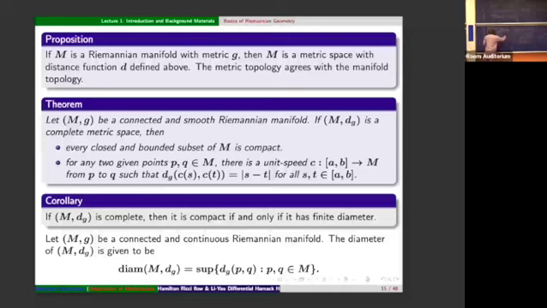The following statements are equivalent: every closed and bounded subset of M is compact; (M, d) is a complete metric space; then M is geodesically complete.